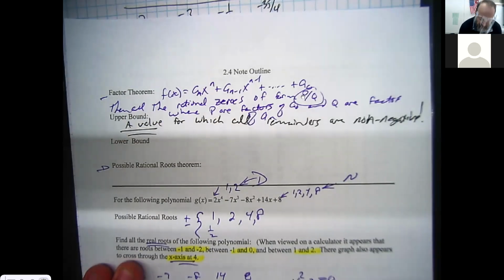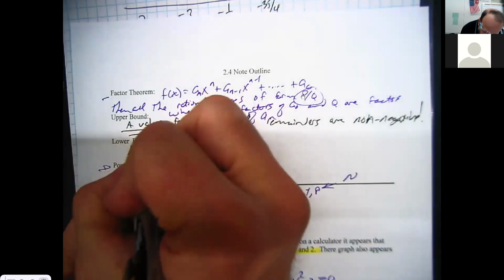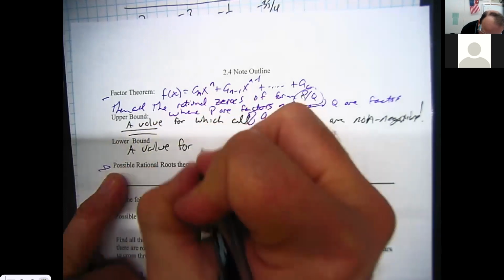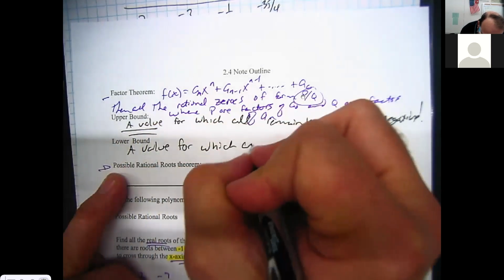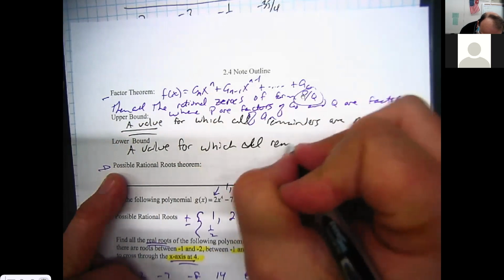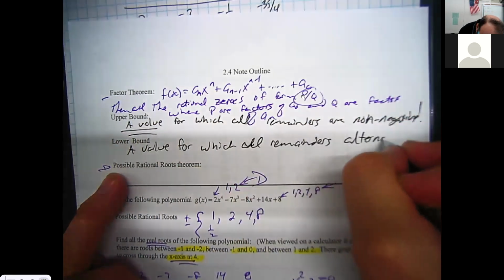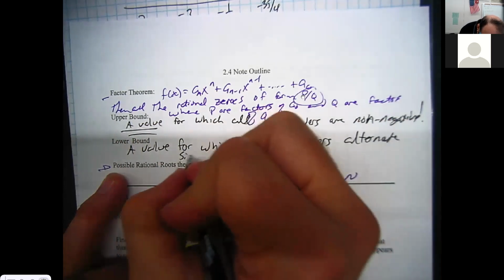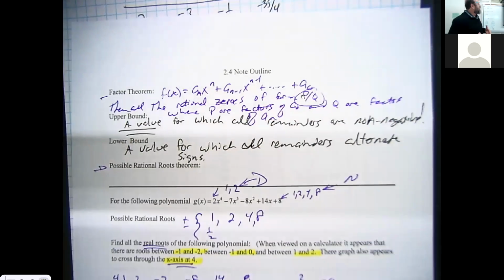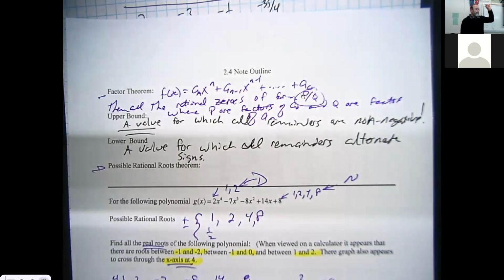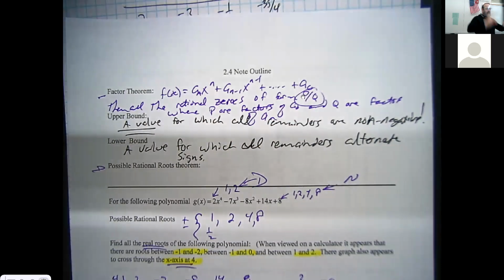The lower bound is a value for which all remainders alternate signs. So as soon as they start going plus, minus, plus, minus, if you get bigger, those pluses and minuses are just going to amplify even more and go a little bit out of control.